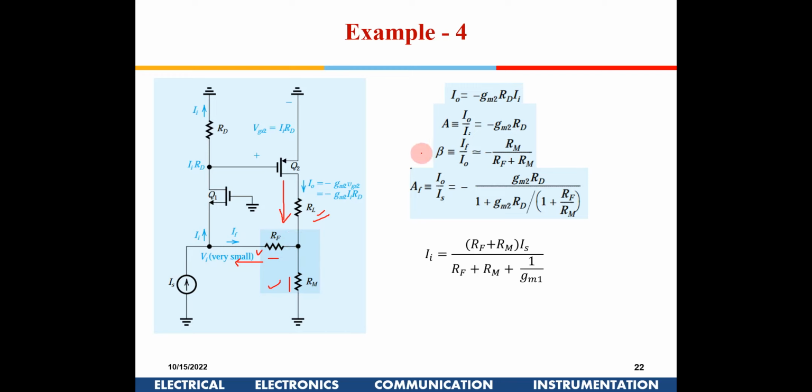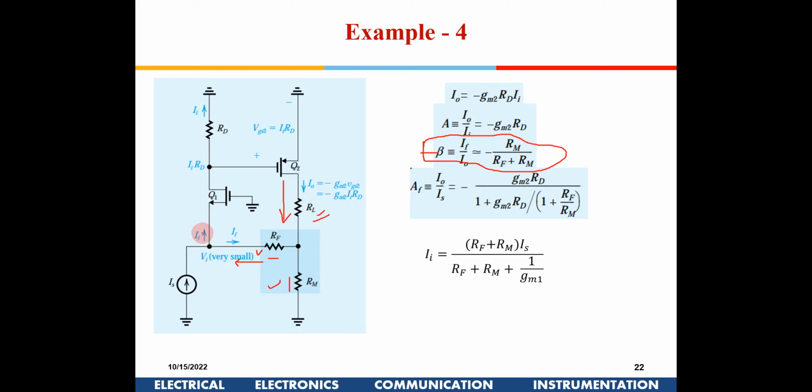So beta will be given by this equation: RM divided by RF. If you use a large RM, more feedback current will go. If you use a small RM, then less current will flow here. Is this okay? Beta equation. Like you have a potential divider, it is a current divider.